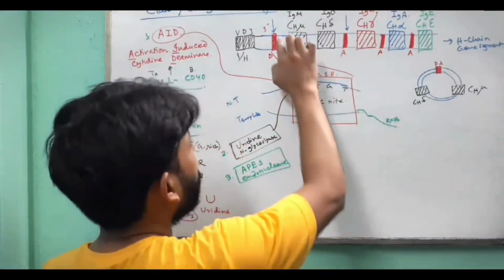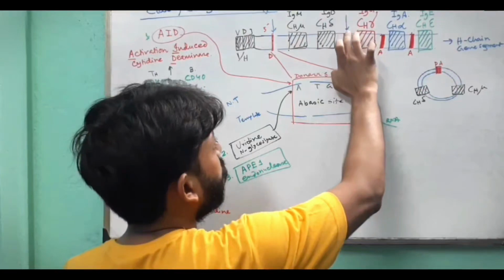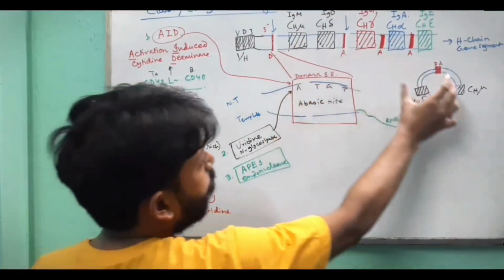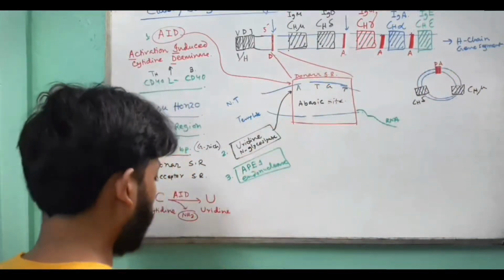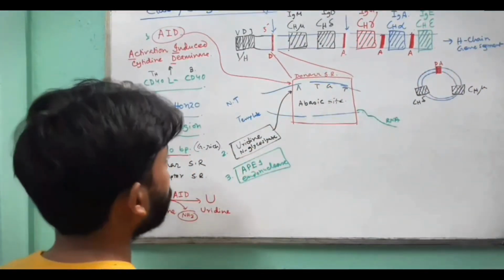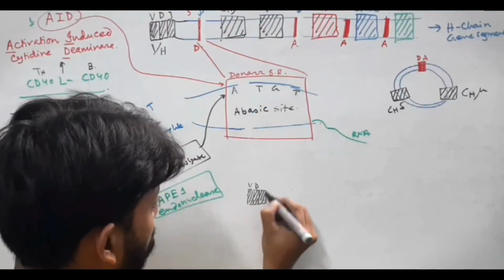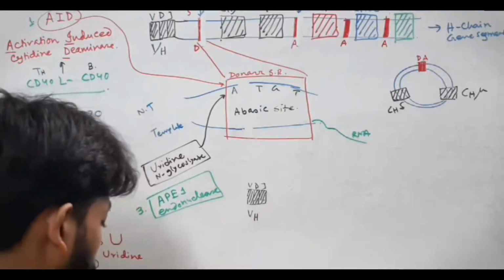So here will be a double strand break, here also will be a double strand break, and this intermediate sequence will join with each other, and the rest of the DNA segment I am showing you. This is the VDJ sequence, V, D, and this is the J that makes the variable heavy region, which will remain.